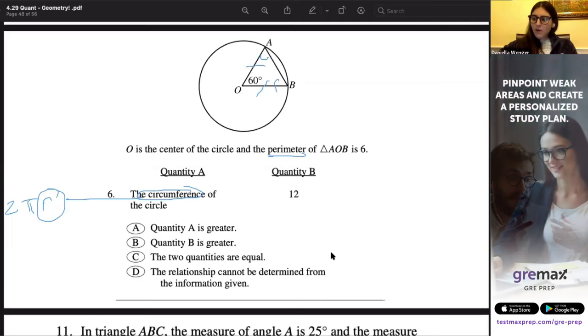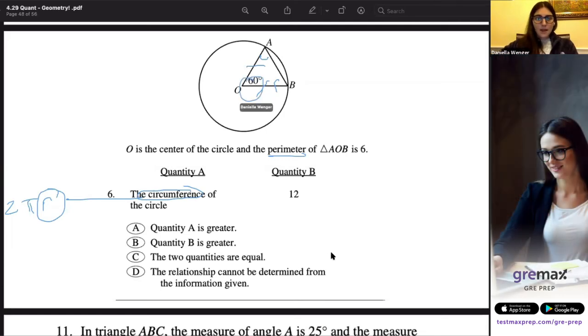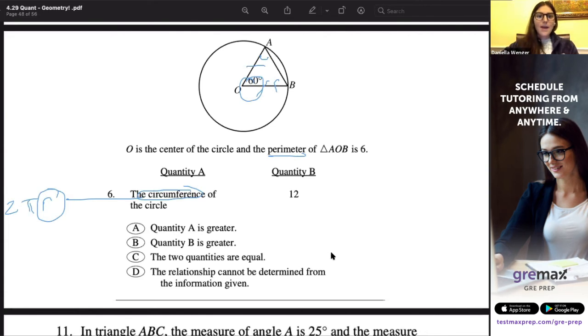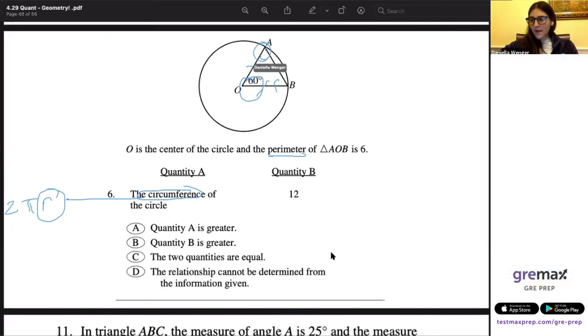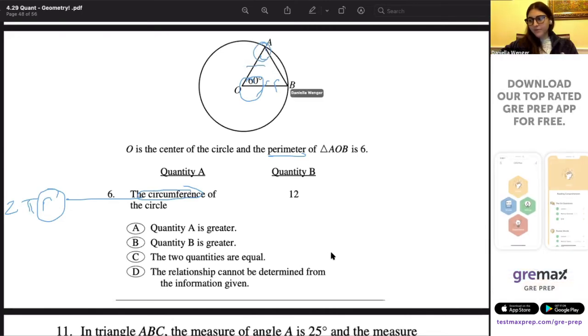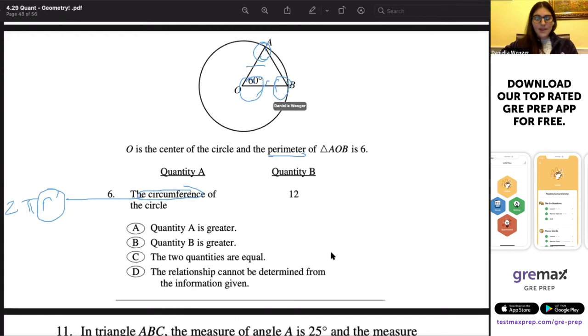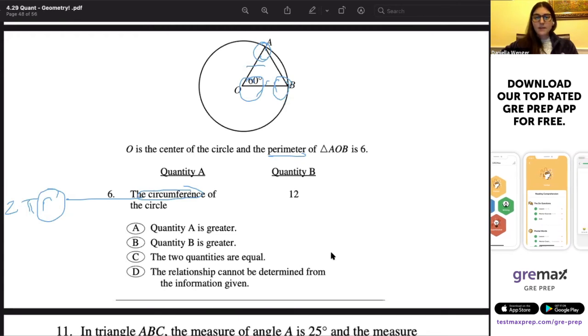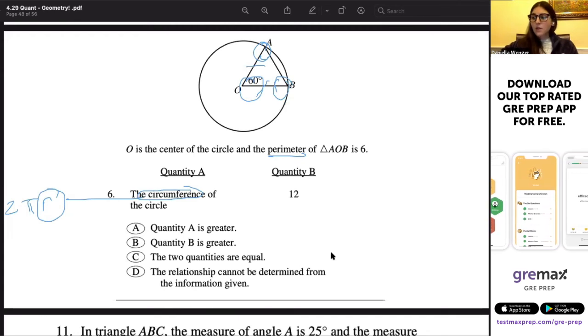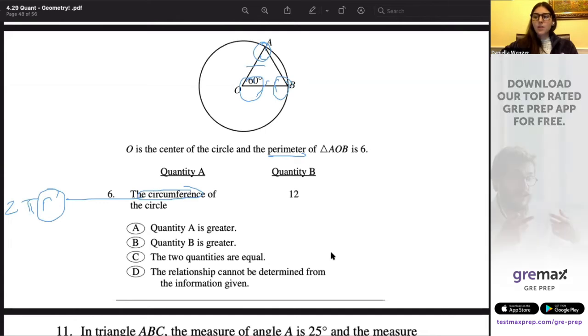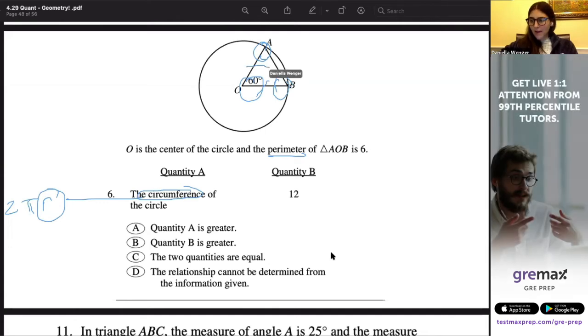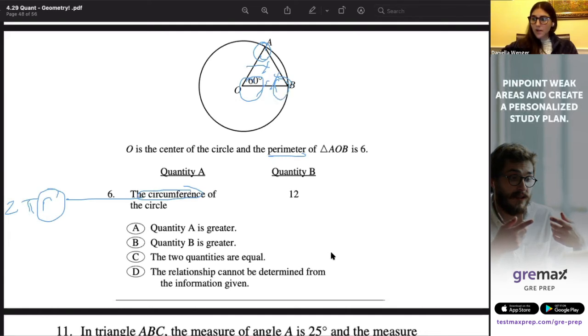And we know that one angle is equal to 60 degrees. Can we assume that angle OAB, this angle, and OBA are equal? Yes, we can assume that because their sides are equal. So let's try to find out what these two angles, let's just call them x for now, are. We know that the total number of degrees in a triangle is 180.